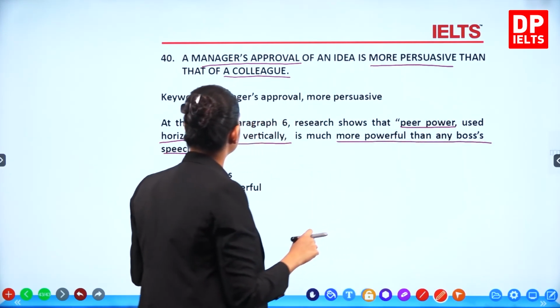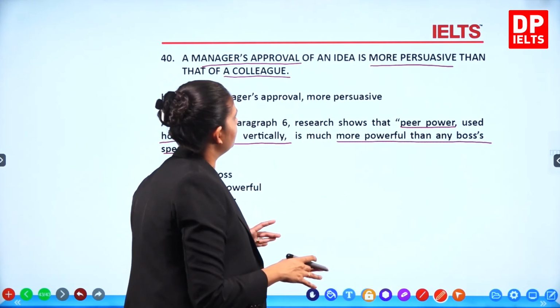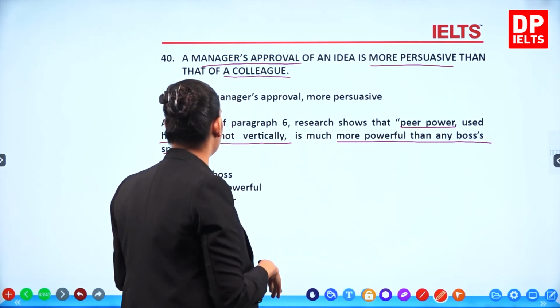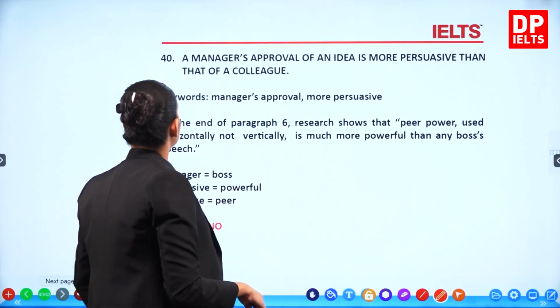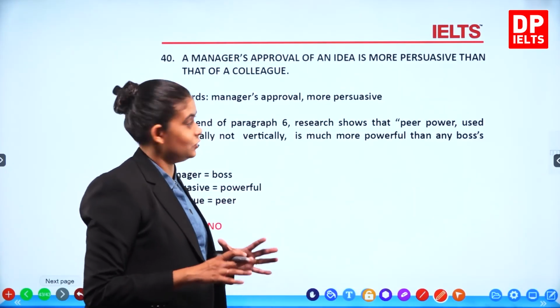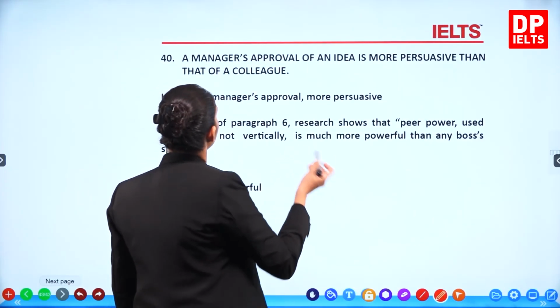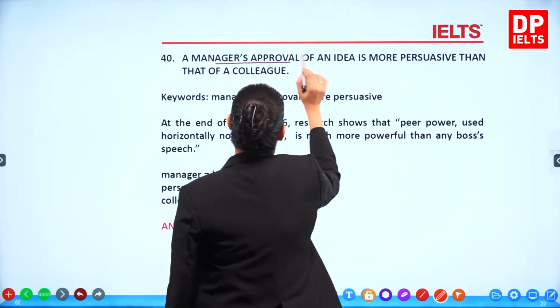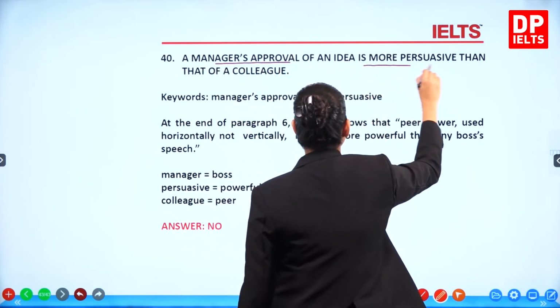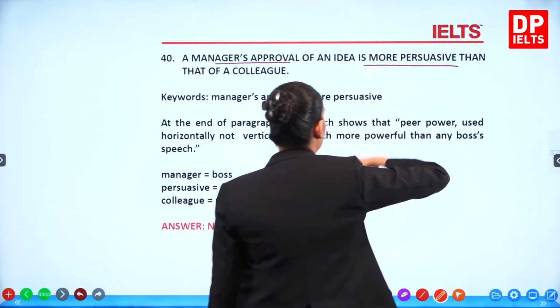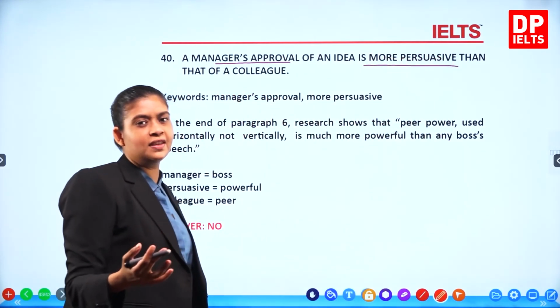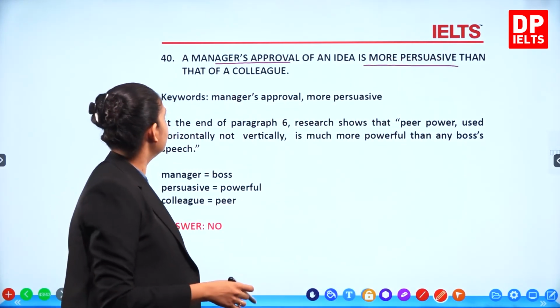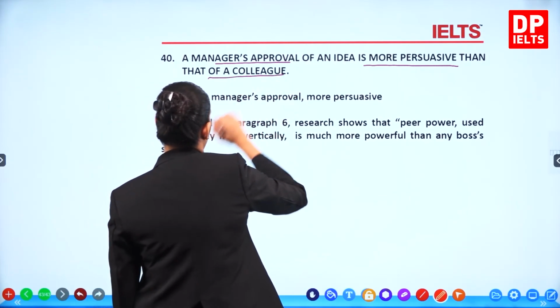So, moving on to the last question, okay? A manager's approval of an idea is more persuasive. When we say more persuasive, it is comparative, than of a colleague.